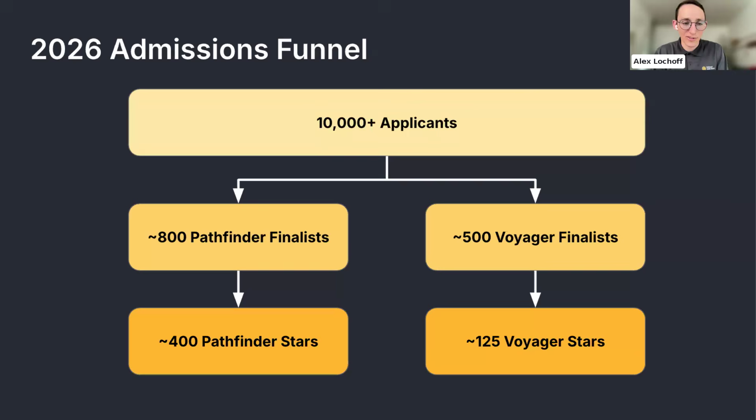The first stage of our selection process is narrowing down a set of finalists. We're expecting around 800 finalists for our Pathfinder program and approximately 500 finalists for our Voyager program. That's going to help us drive towards an ultimate class of approximately 400 Pathfinder stars and 125 Voyager stars as our 2026 cohort.